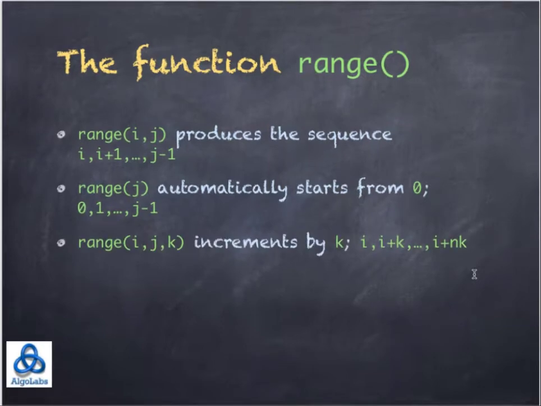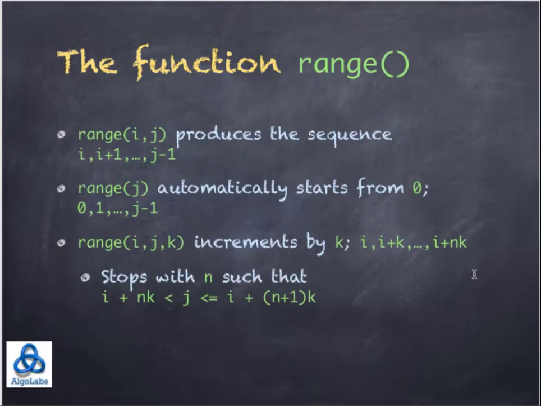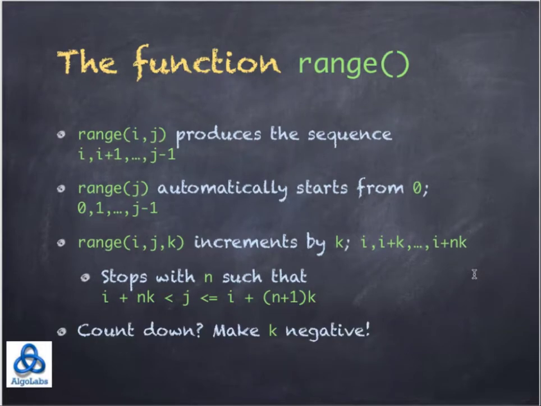And if we want a sequence in which we skip values, we can give an increment, a third argument k. So if we say range(i, j, k), we get i, then i plus k, then i plus 2k and so on, such that i plus nk stays below j. So we want to stop with n such that i plus nk is below j, and the next value, i plus (n plus 1)k, will be bigger than or equal to j.